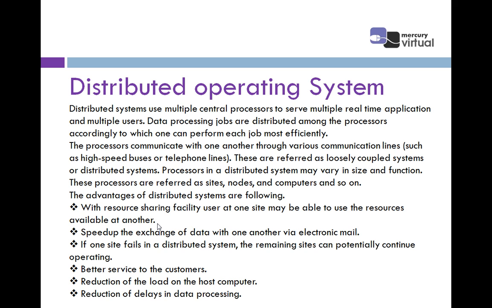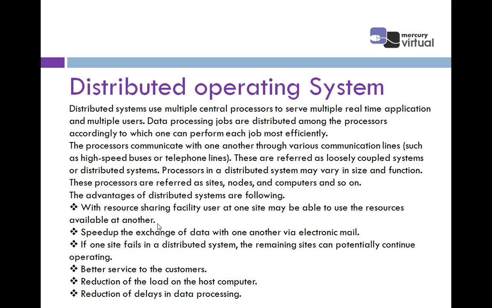Then the next one says if one site fails in a distributed system, the remaining sites can potentially continue operating. For example, A, B, C are three computers and there is only one central computer, and all of A, B, C use the same central computer. If by chance system A fails, B cannot sit idle because B is a different computer, but it is attached to the central computer.